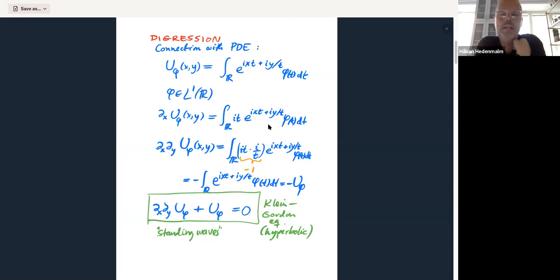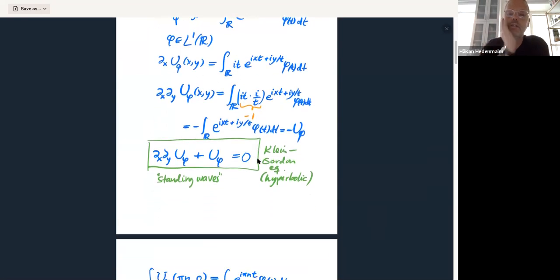So it solves the differential equation, which is written there. Second derivative with respect to x and y plus the function is equal to 0. And that equation is known as the Klein-Gordon equation. It's a prototypical, non-trivial, linear, hyperbolic partial differential equation.